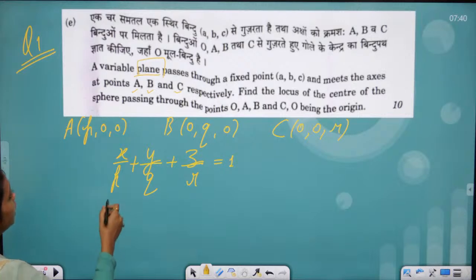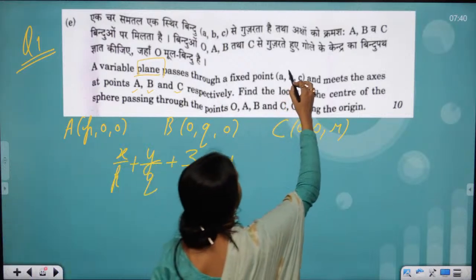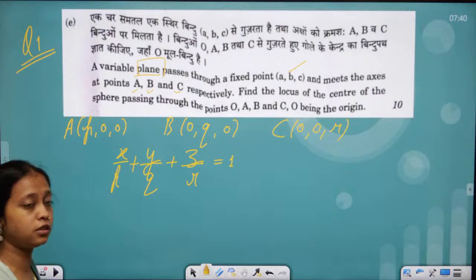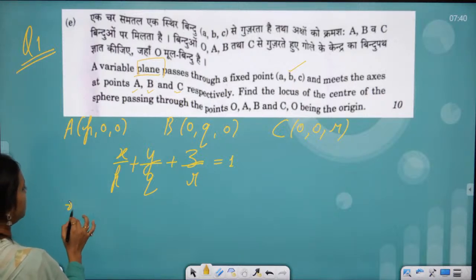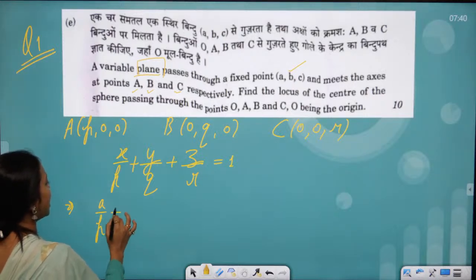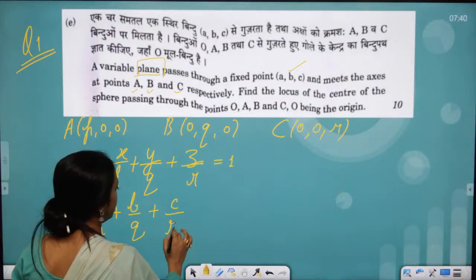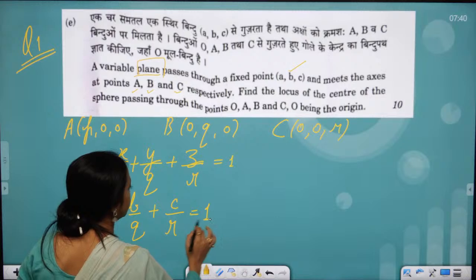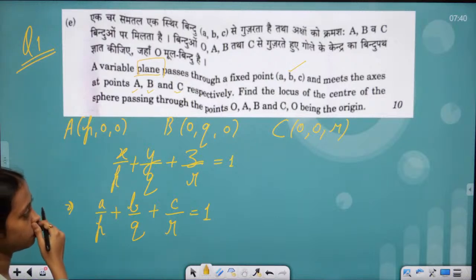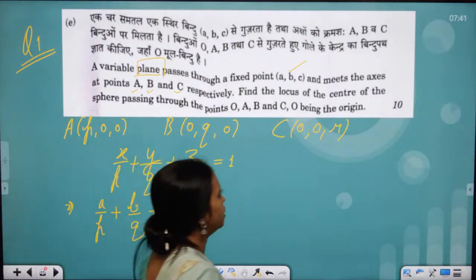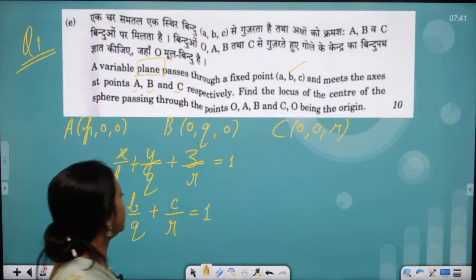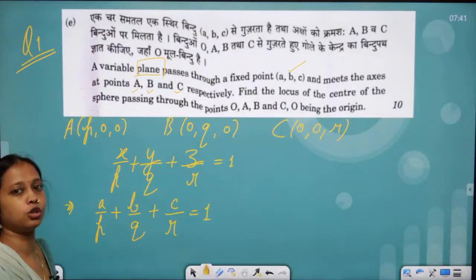But it also passes through a fixed point ABC. So ABC also satisfies this. It implies A by P. See, I am only giving you a rough idea how you can attempt the question. So this was all the information of the plane.